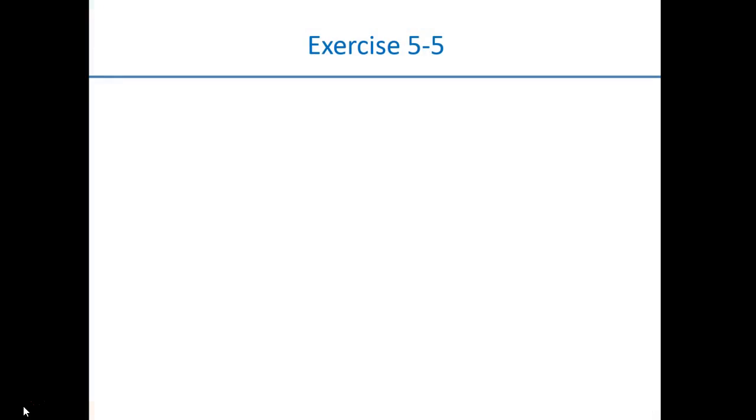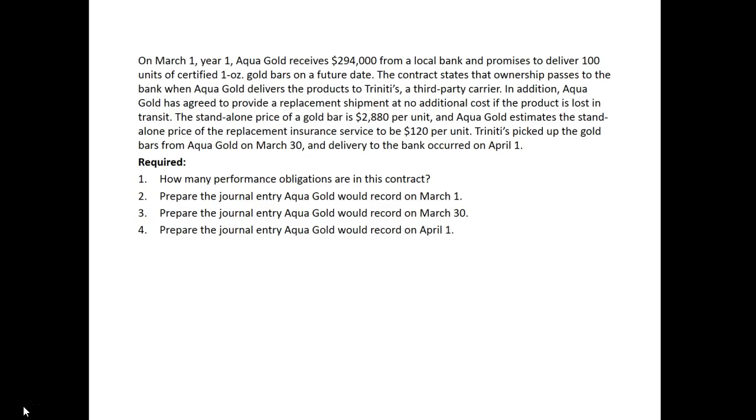Let's look now at exercise 5-5. On March 1st, year 1, Aqua Gold receives $294,000 from a local bank and promises to deliver 100 units of certified 1-ounce gold bars on a future date. The contract states that ownership passes to the bank when Aqua Gold delivers the products to Trinity's, a third-party carrier.